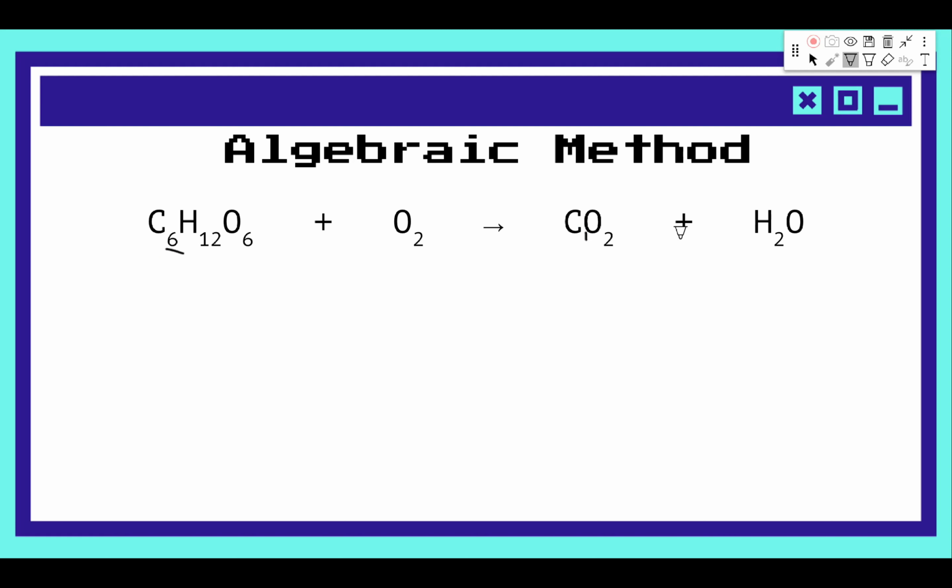The first step is to assign variables. I will assign A here, B in the second reactant, C in the first product, and D to the second product. The second step is to formulate equations for each atom. I have 3 atoms, so I will have 3 equations. Let's start with carbon.